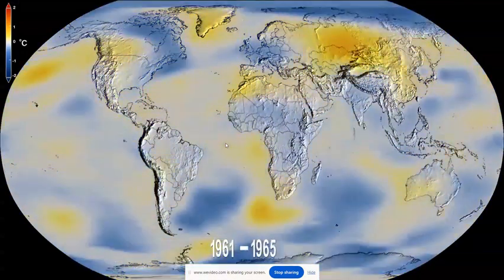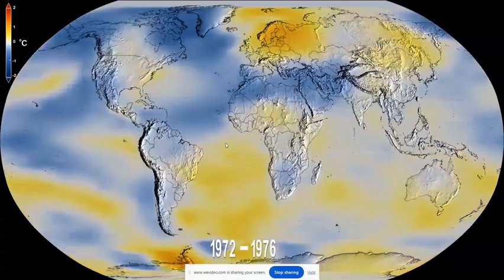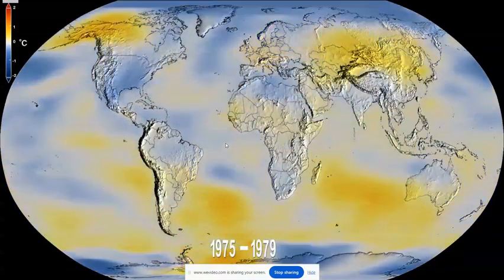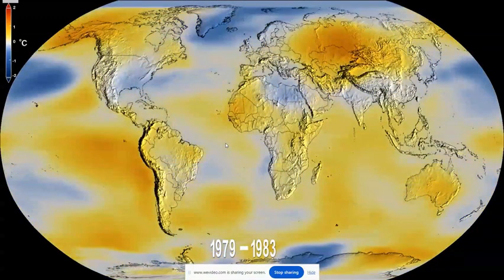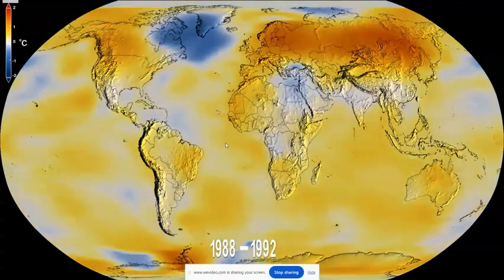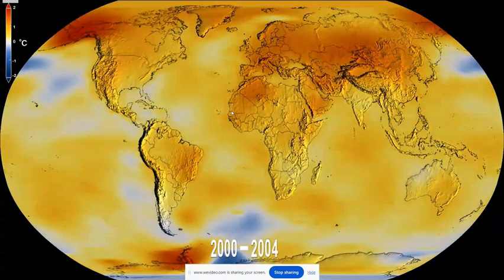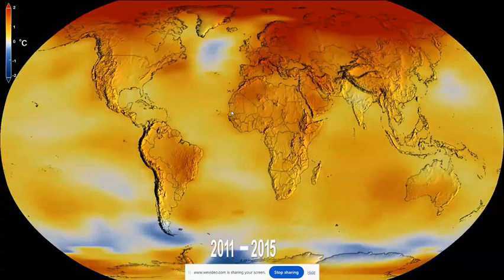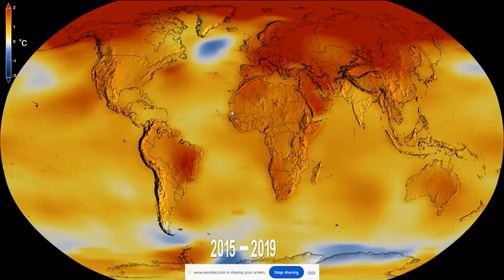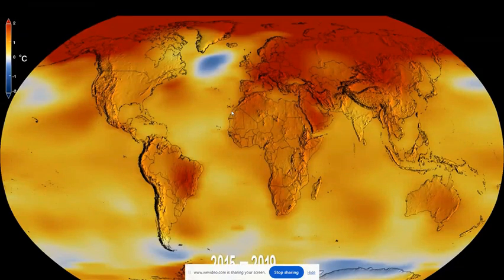Now as we get into the 1960s and 70s, you're starting to see a change, especially into the 1980s. There's the 1990s. You can see a cold area by Greenland, right? All the way to 2019. So in 2019, you can see the departure from average, how it's much warmer.